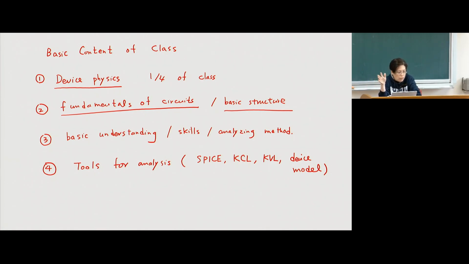We're going to talk about that process a little bit when we talk about integrated circuit design and processes. So these are the basic contents, or the basic skills, you should expect to learn through this class.